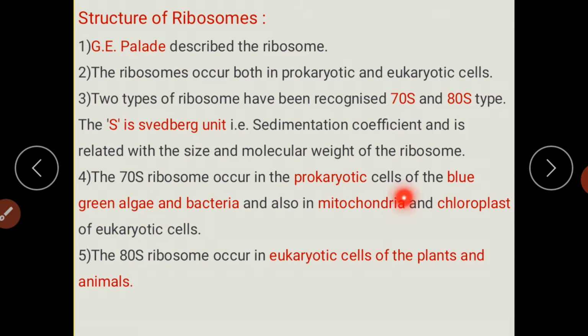You must remember where these 70S ribosomes are found in living organisms. In the case of mitochondria, the ribosomes may be found like 70S, then 77S.